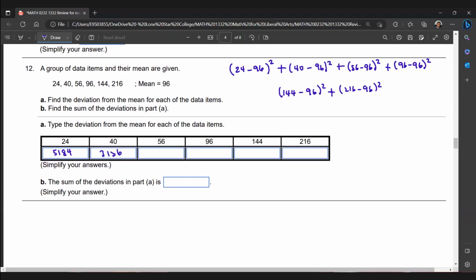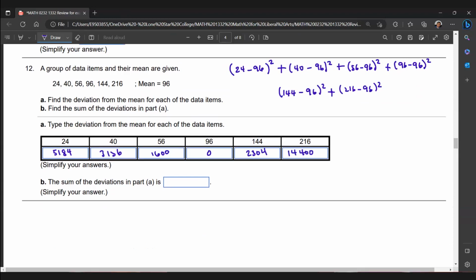56 minus 96 quantity squared, that is 1600. That will be 0. 144 minus 96 quantity squared, 2304. 216 minus 96 quantity squared, 14400.